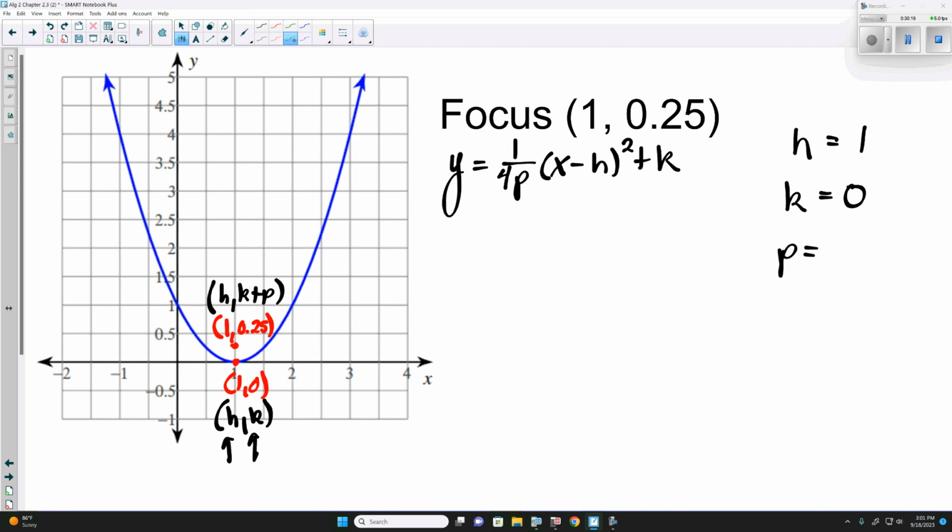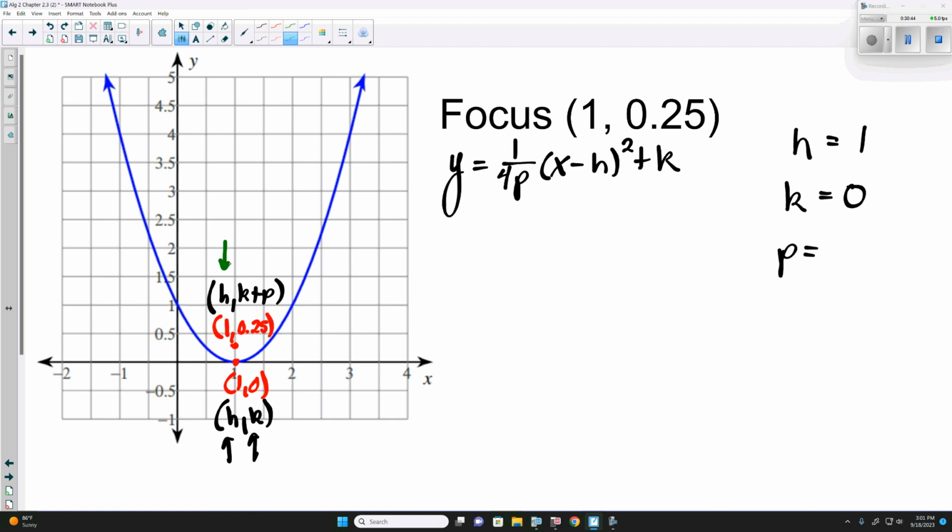And now we need to figure out what p is. So the focus is 1 comma 0.25. Now the h is still the same, it is 1, because both of them told us h is 1.